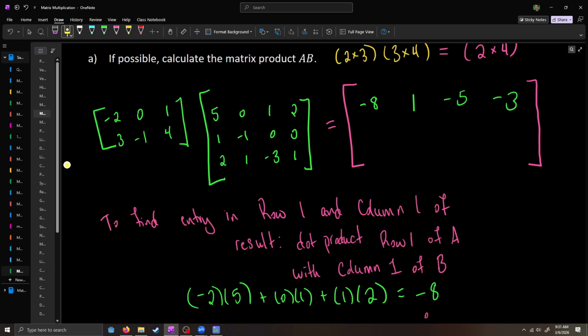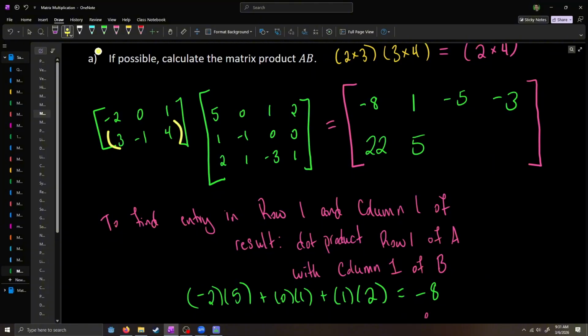For example, that first dot product, 3 times 5, -1 times 1, 4 times 2, 22. Second row, second column, that dot product would be 0 plus 1 plus 4, result 5.